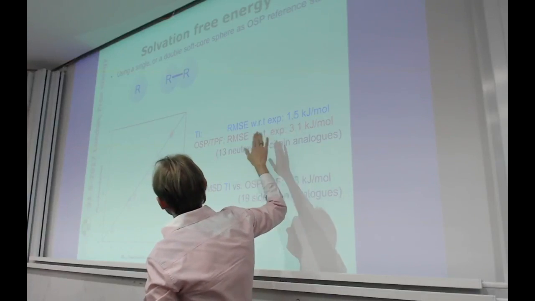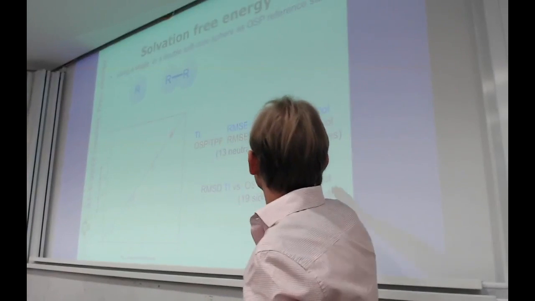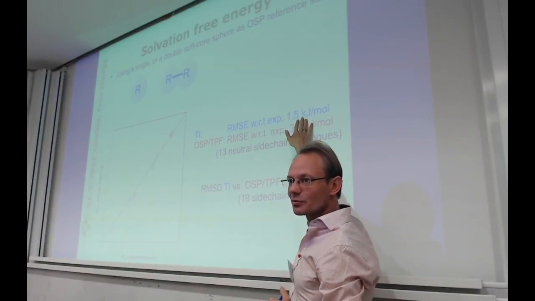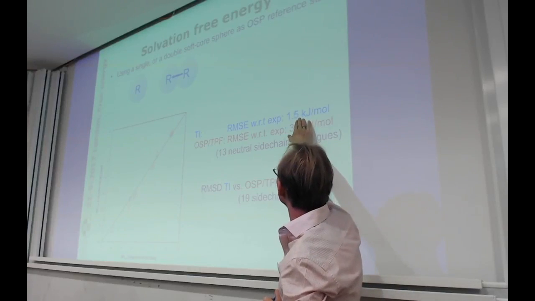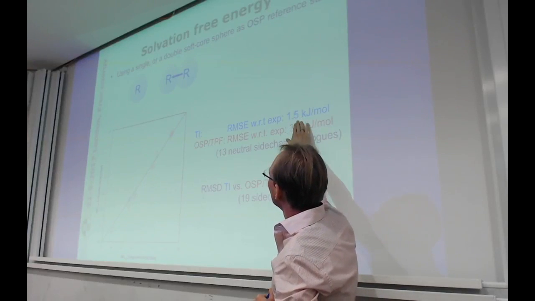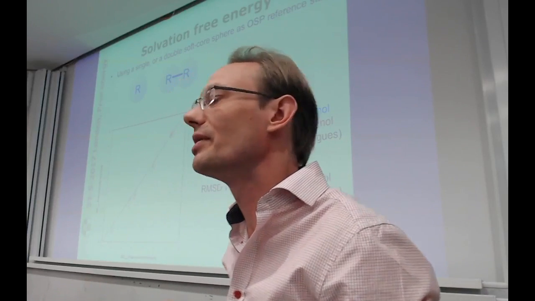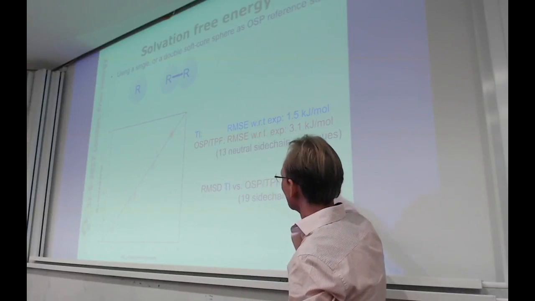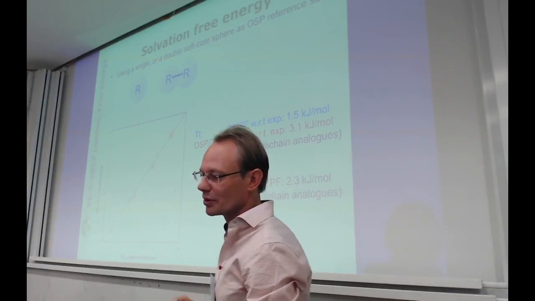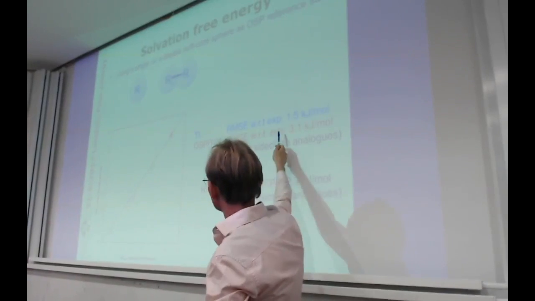The deviation from the line in the case of the TI is 1.5 kilojoules per mole, which is absolutely no surprise because this force field was parameterized to get these values, so this is just what we put in. But the agreement with the third power fitting, a more approximate method, is still very decent with 3 and 3.1 kilojoules per mole, and also with respect to each other, they're about 2.3 kilojoules per mole apart. I have here more compounds because I did not put in the charged ones there.